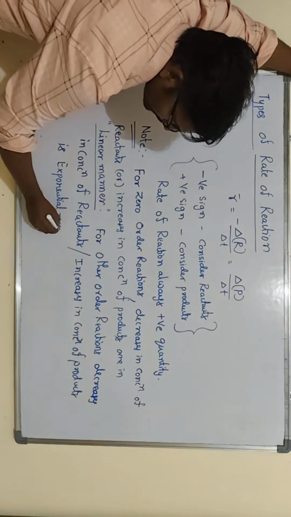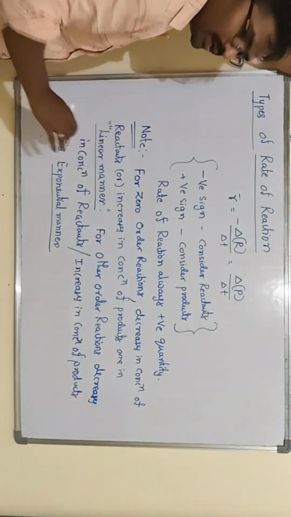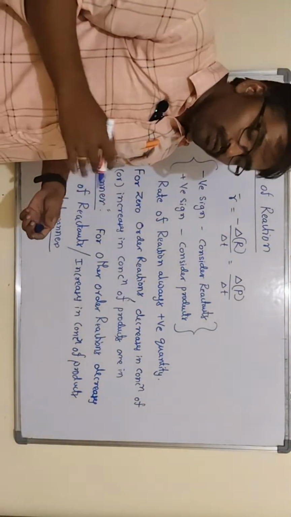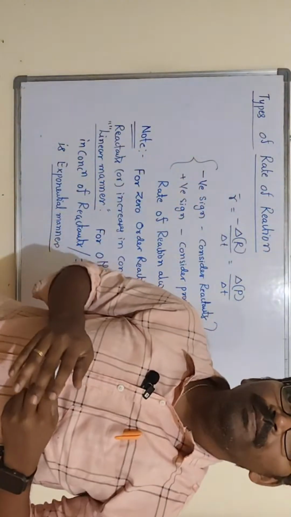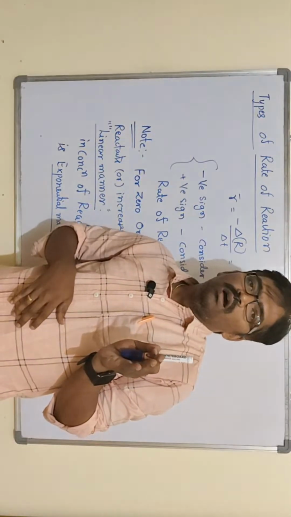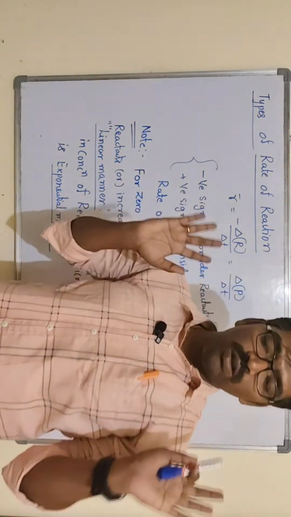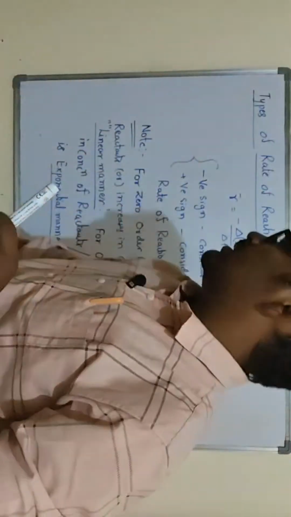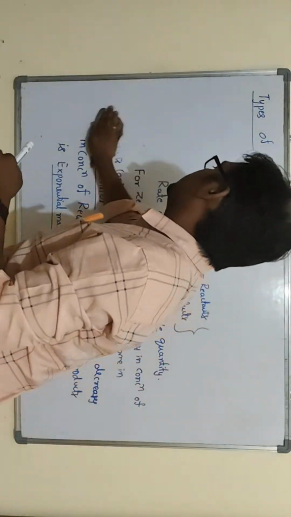So this is exponential and this is linear, I told. How? When we draw the graph of reactant concentration versus time, or product concentration versus time, for the zero order reactions, how the graph will look, that we'll discuss. Then for other order reactions, how the graph will look, that we discuss.